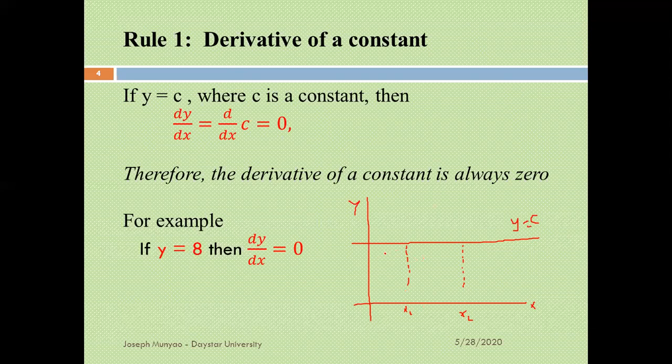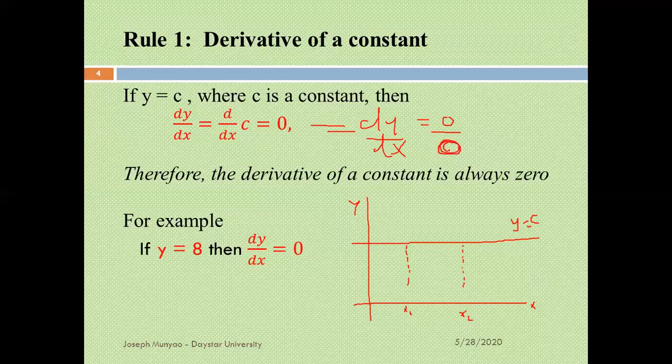So the change in y is zero over the change in x. So the change in x, irrespective of what it will be, will always give us zero.